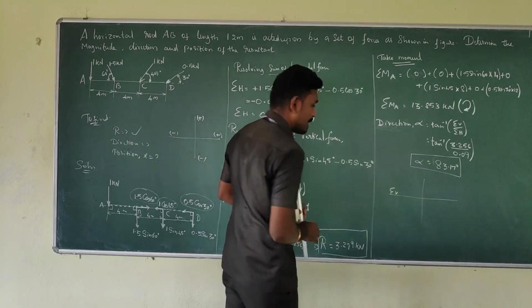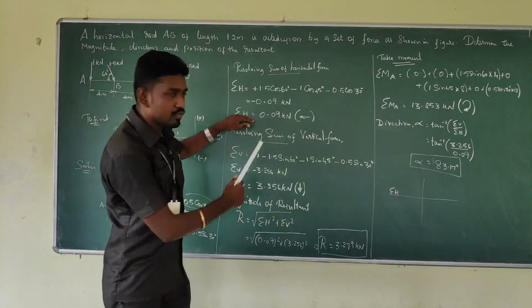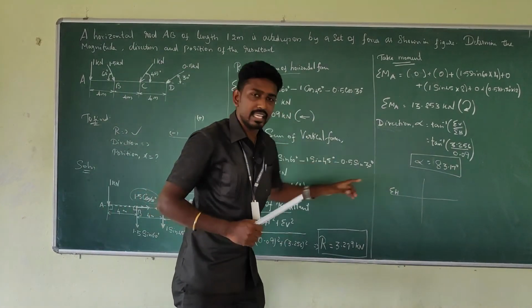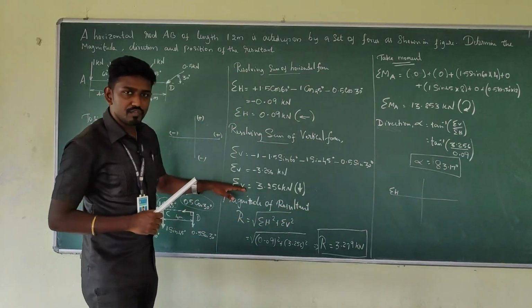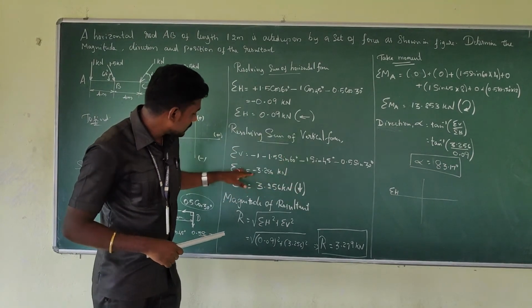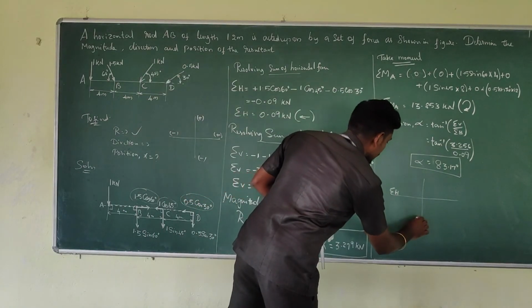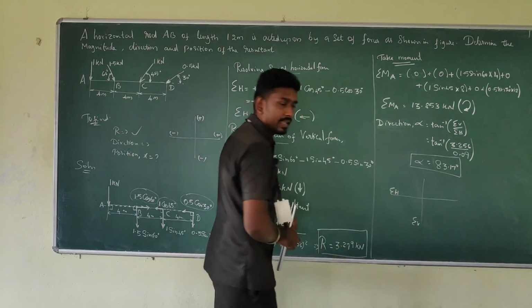Summation of V is negative, going downwards, so in the XY axes it will be somewhere here.